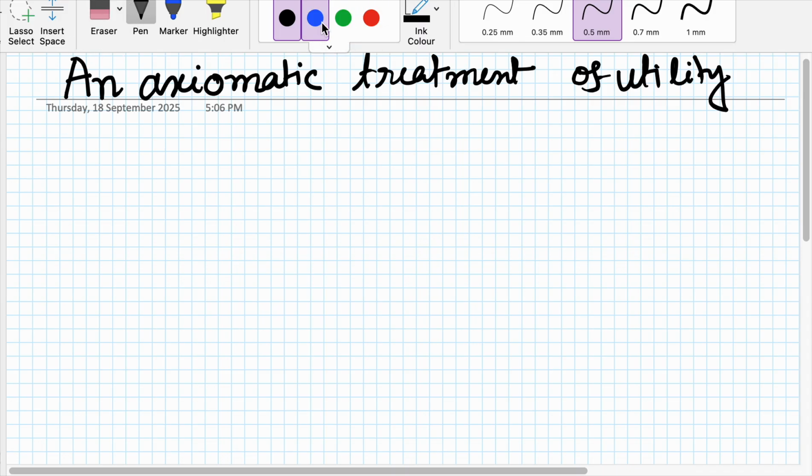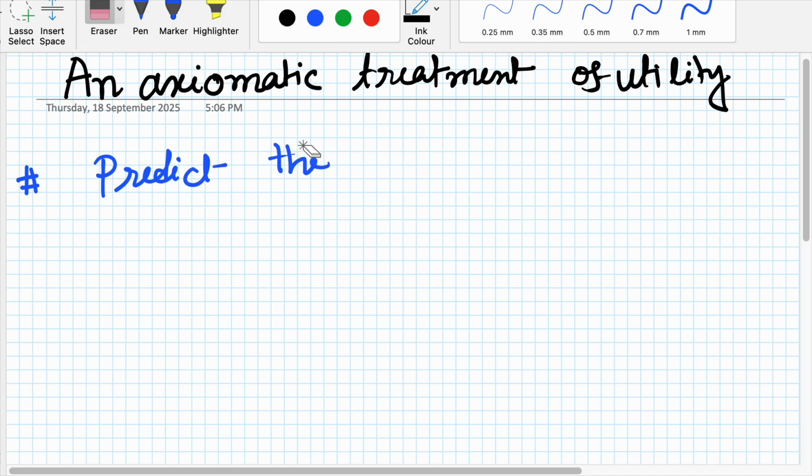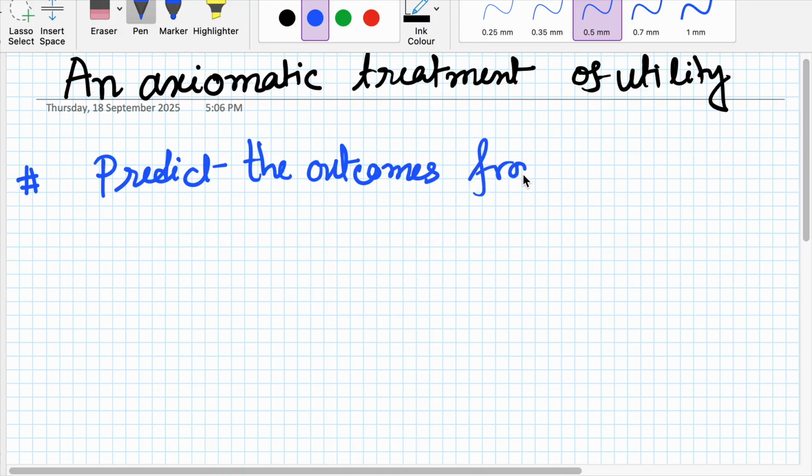By axiomatic treatment, I mean I want to predict the outcomes from some simple, realistic assumptions. And what do I mean by that?